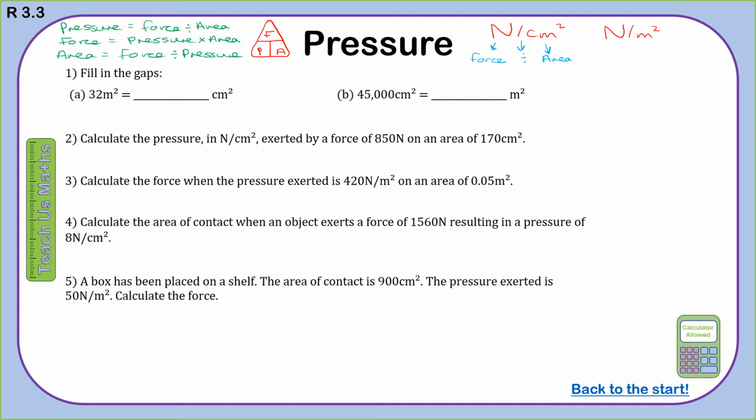It doesn't matter how you choose to remember these formulae. What is really important though is that when you are applying these formulae to your questions, you make sure the units that you are using are correct.